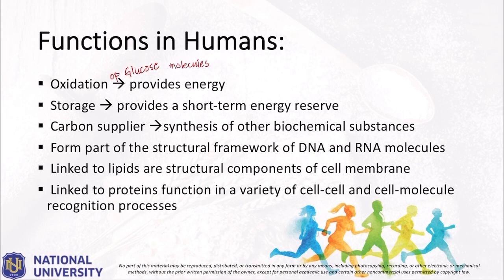These polysaccharides will undergo a catabolic reaction, digestion or hydrolysis. The polysaccharides will break down into monosaccharides, which is our glucose. It will be absorbed by our blood and transported throughout our body so it can be used by our cells.